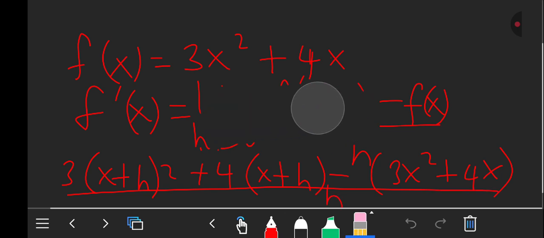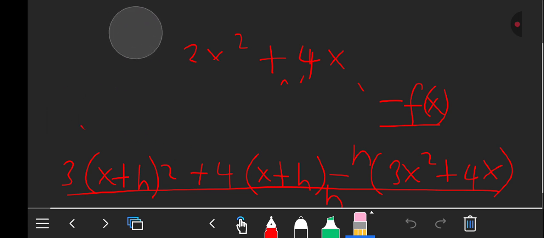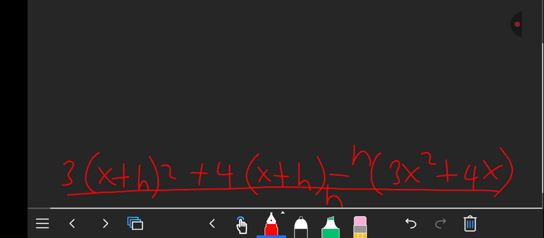Then I can evaluate this. So I'll have limit as h approaches 0.